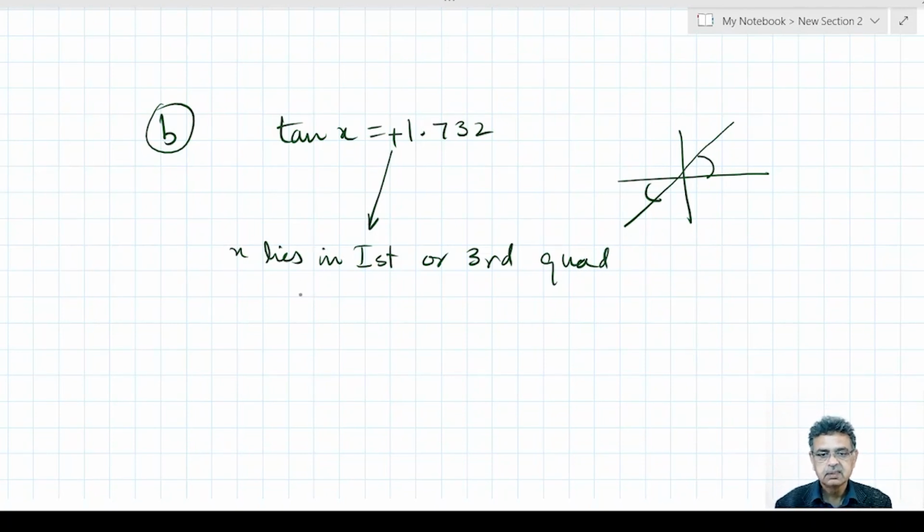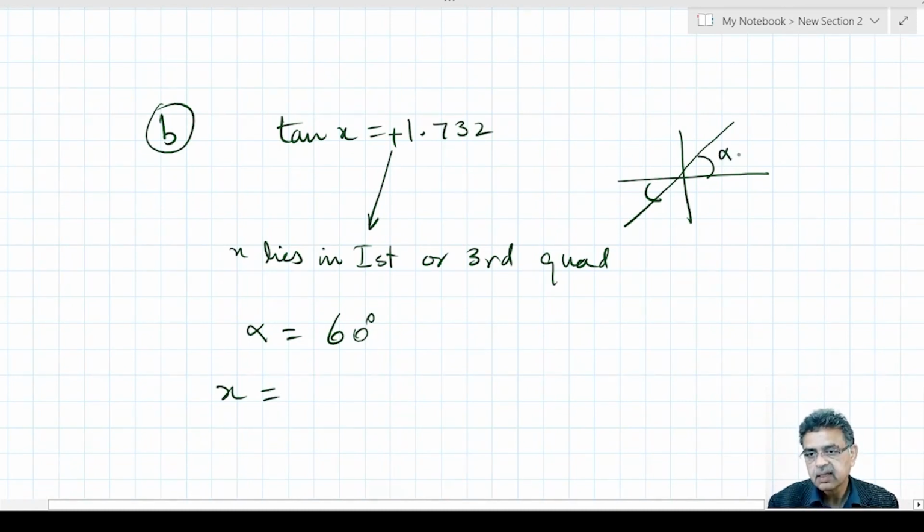Now we have to find the basic angle. Alpha is equal to 60 degrees. So what is the value of x? In the first quadrant, alpha is equal to x. They are same in first quadrant. So that will be 60 degrees.